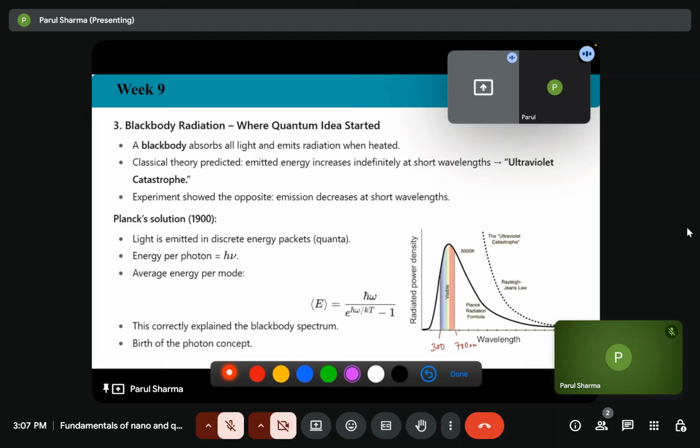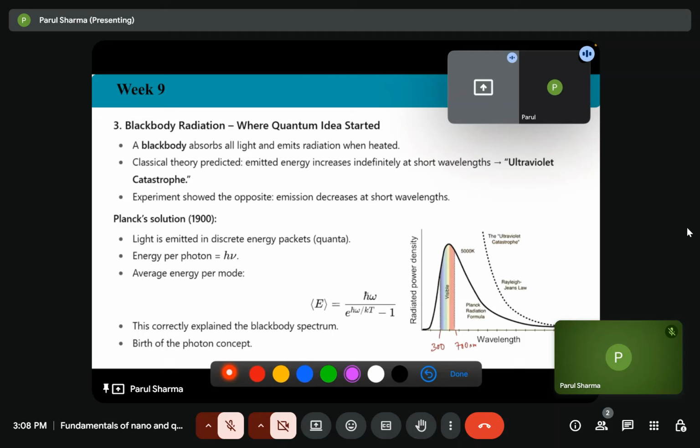When heated, classical theory predicted that the emitted energy increases indefinitely at shorter wavelength, so that leads to the ultraviolet catastrophe, whereas experiment showed the opposite. That is, emission decreases at higher frequencies or shorter wavelength.